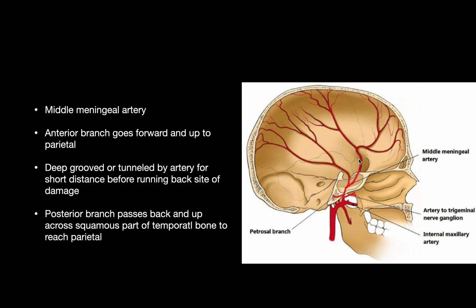There's a deep groove, and it is tunneled by the artery for a short distance before running back. So that's generally a site of damage, like right here. The posterior branch passes back and up across the squamous part of the temporal bone and all the way to the parietal bone, and that's where it supplies.